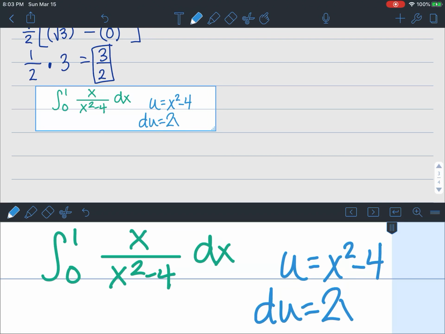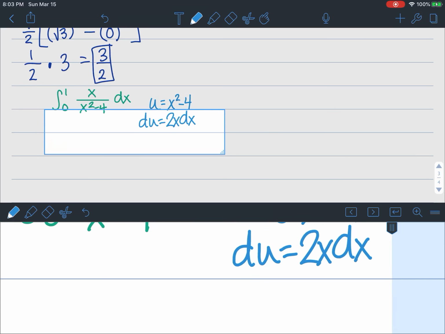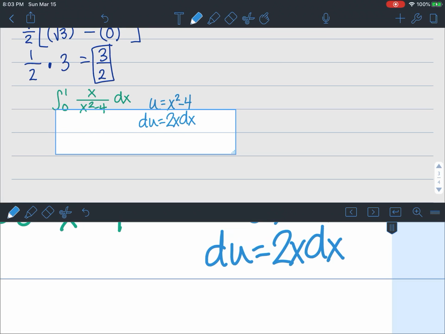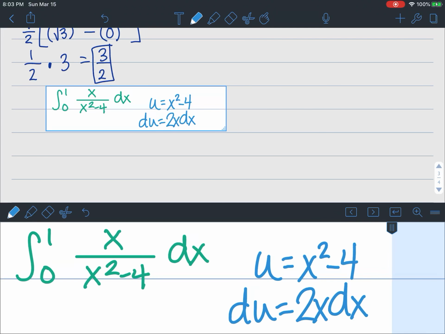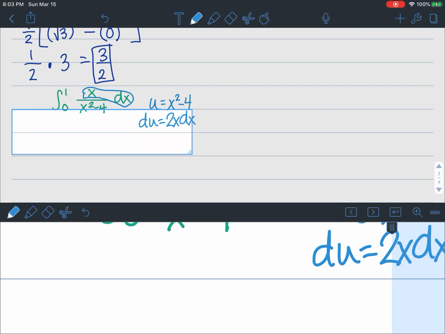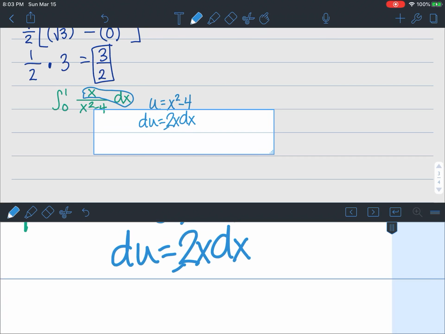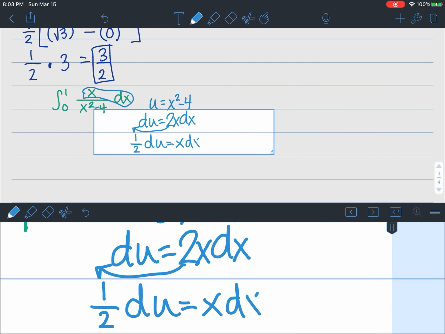So du equals 2x dx. So I see x dx over here in my integral right here, but I don't see a 2. So I'm going to move this 2 to the other side. So I have 1/2 du equals x dx.